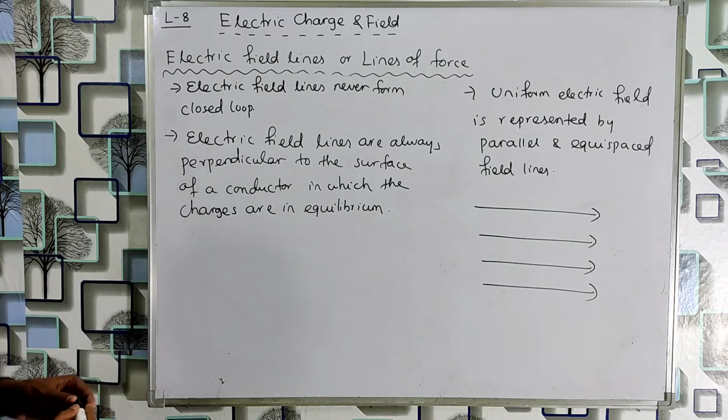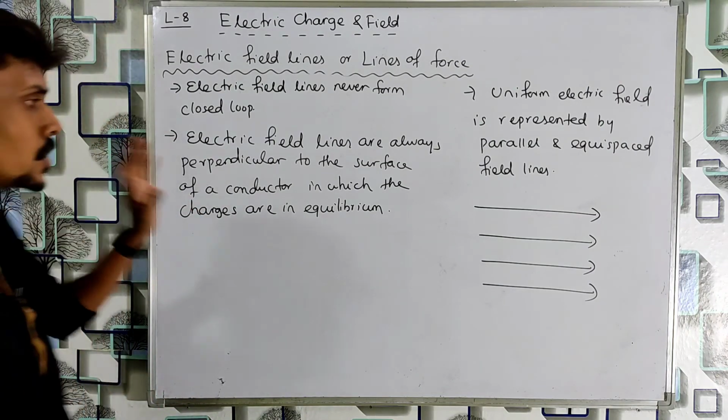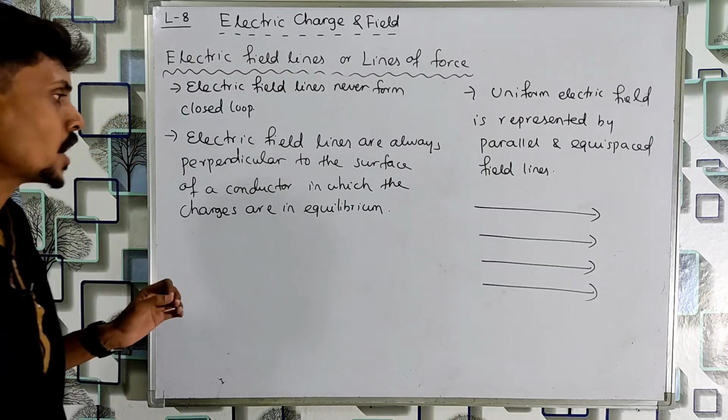Electric field lines are always perpendicular to the surface of a conductor in which the charges are in equilibrium.